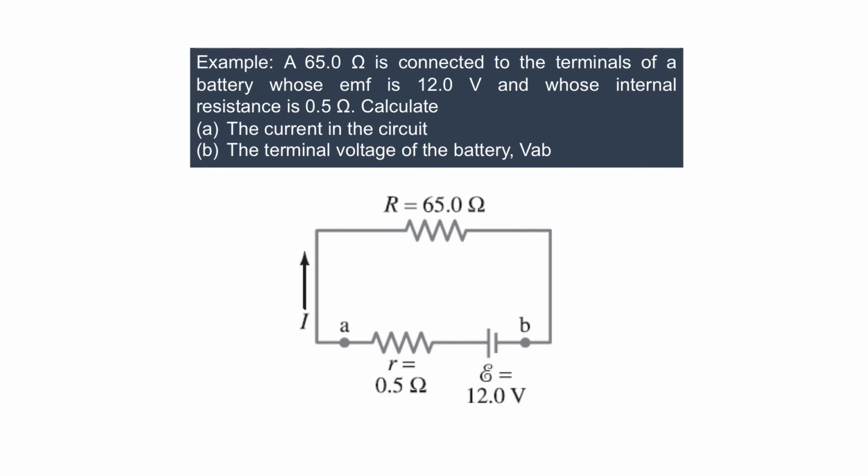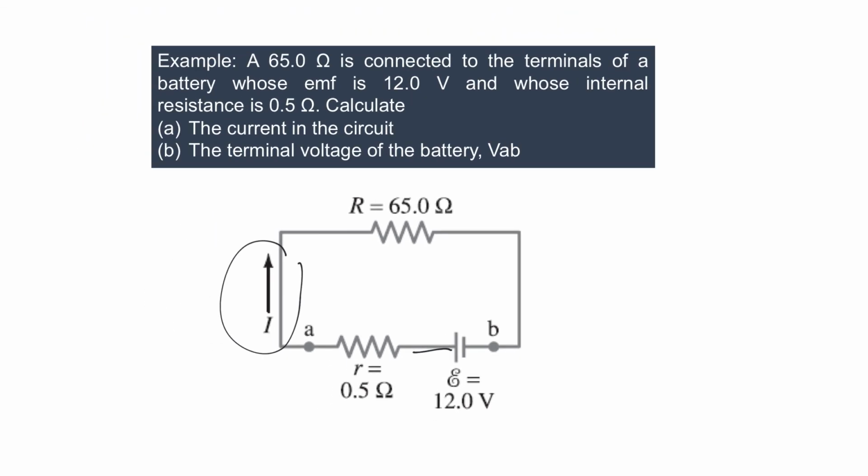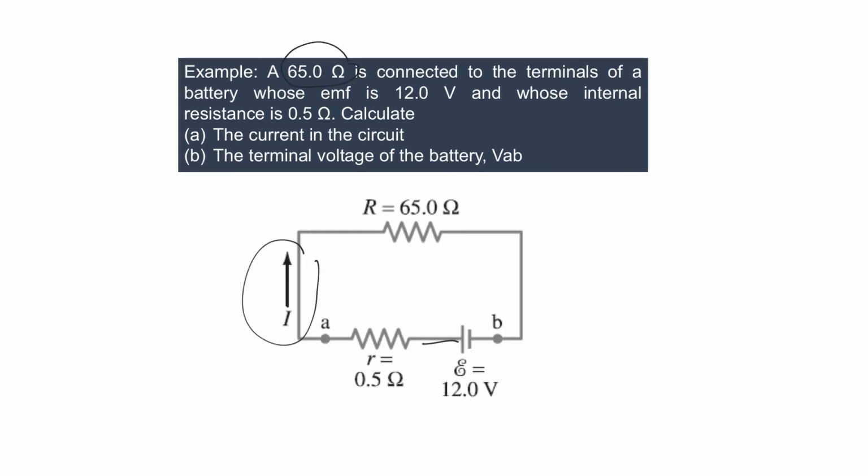Even though this question didn't state whether it's charging or discharging, you can see that the direction of current is from the positive terminal into the negative terminal, so definitely it's going to be discharging. This question asks you about the current in the circuit, but here it already gives you the external resistor, the internal resistance, and also the EMF. So just use the formula: terminal voltage equals EMF minus Ir.